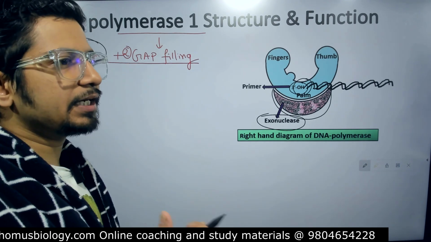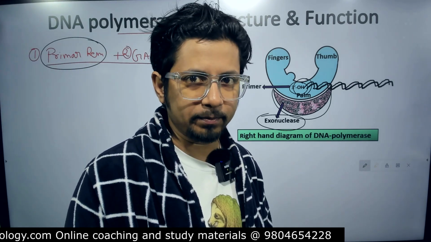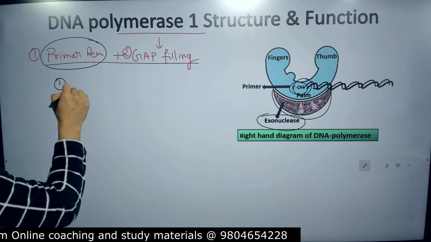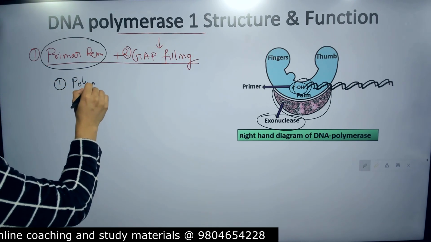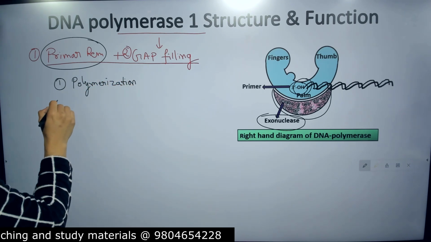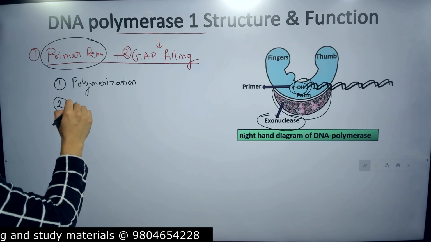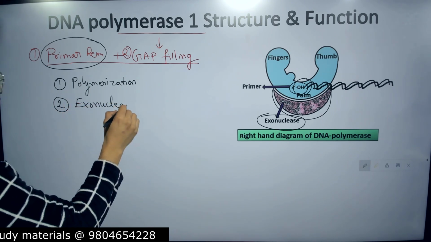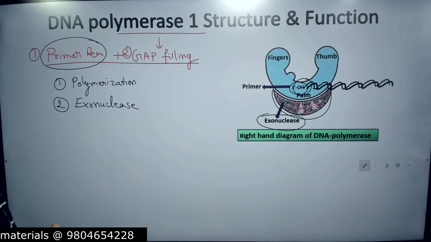So like every single DNA polymerase that we know in prokaryotes, particularly DNA polymerase 3 and polymerase 1, they have these two functions. One obviously the polymerization function, and the second one is the exonuclease function. Polymerization function and exonuclease function.